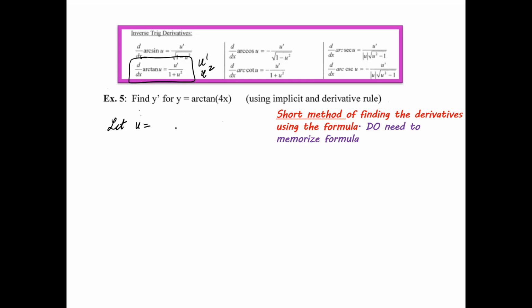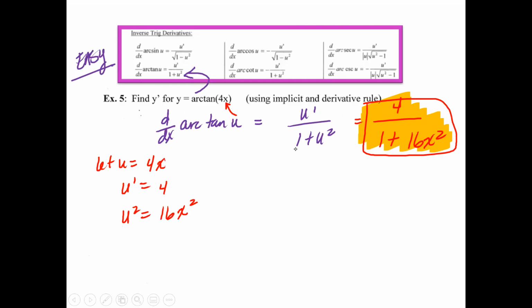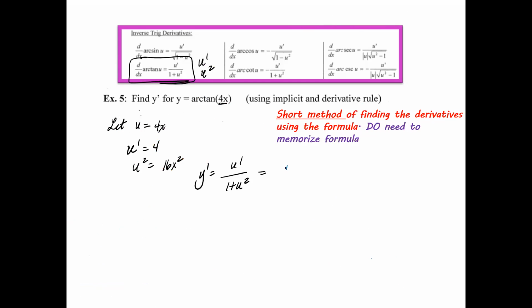Let u be, well, it's in the parenthesis, 4x. Then u prime is 4, and u squared is going to give you 16x squared. So y prime is equal to, take a look at this formula, u prime over 1 plus u squared. So if I replace this, u prime is 4, 1 plus u squared is 16x squared. And take a look at that. That is literally exactly the same thing that you just did, except it's a shorter method. But you have to memorize the formula.